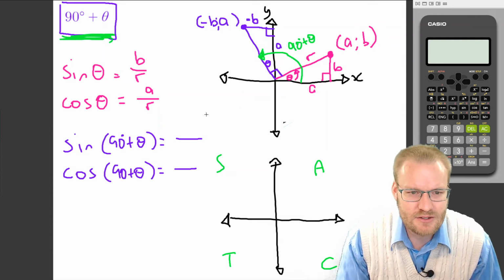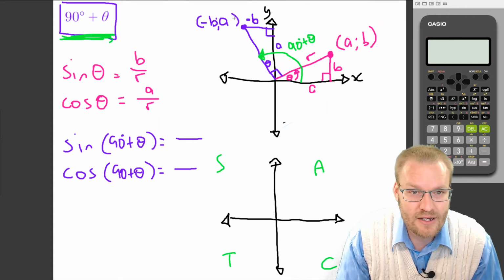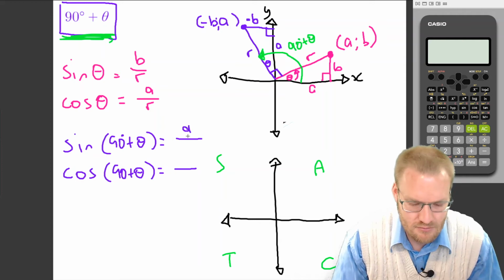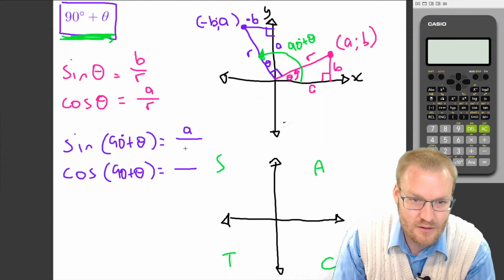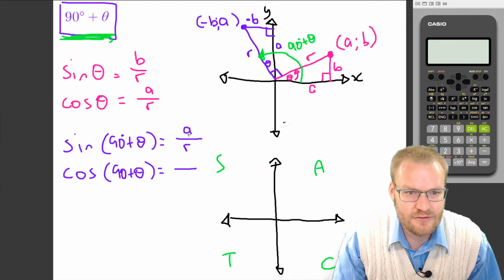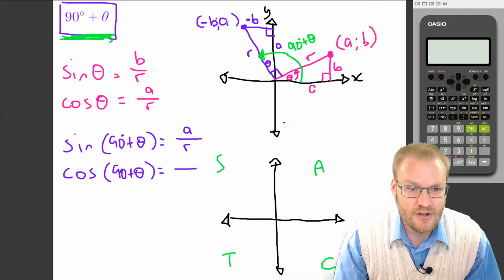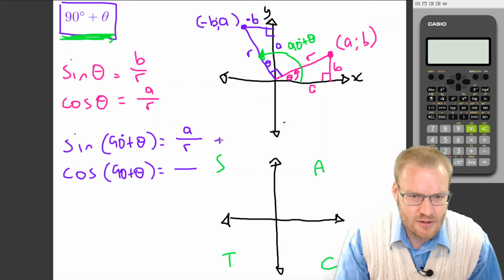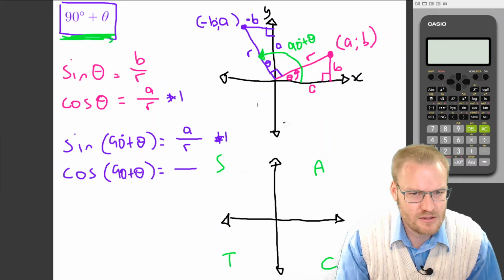Okay, sine is, we said, y over r. R has stayed the same, but our y value of this point is now a. So this is a over r. Now, do you notice something about this and this?